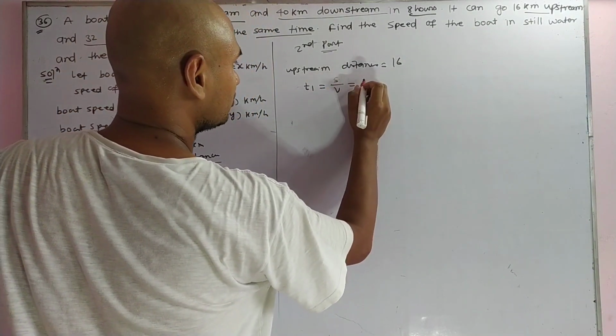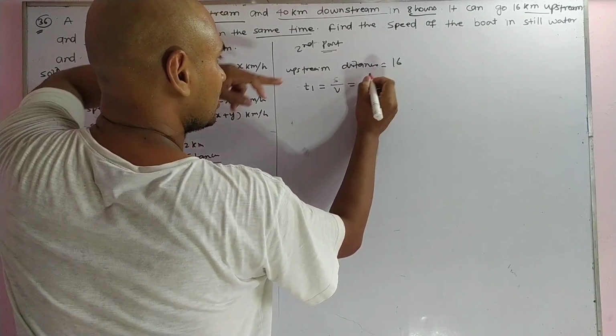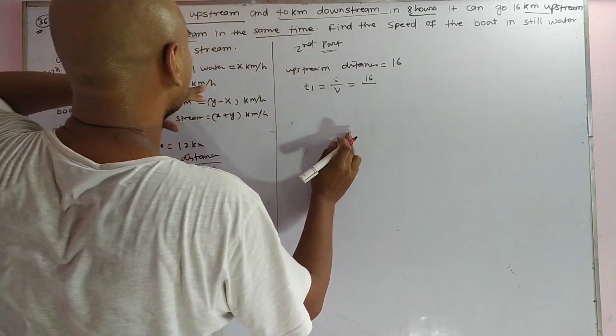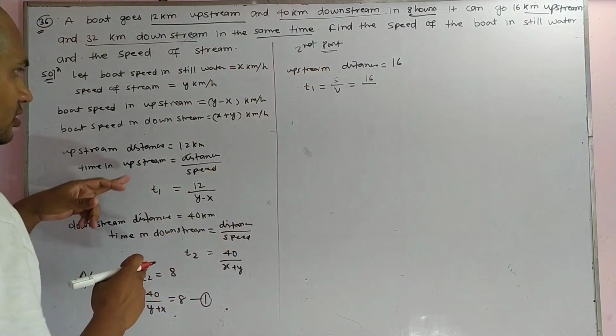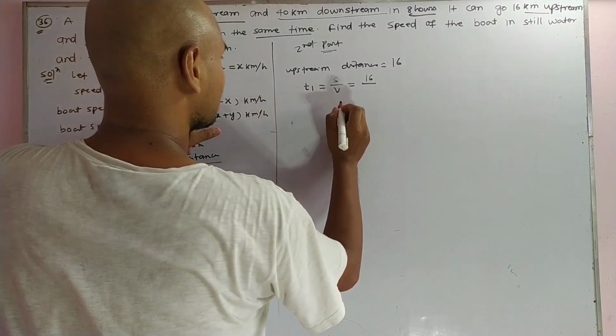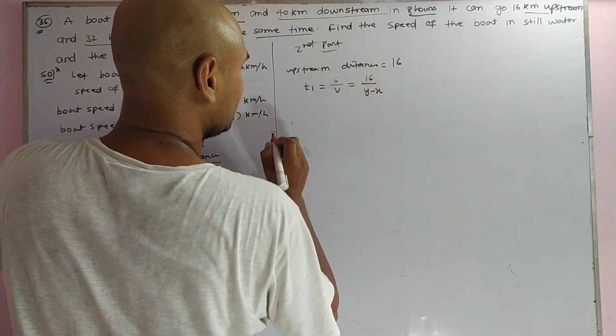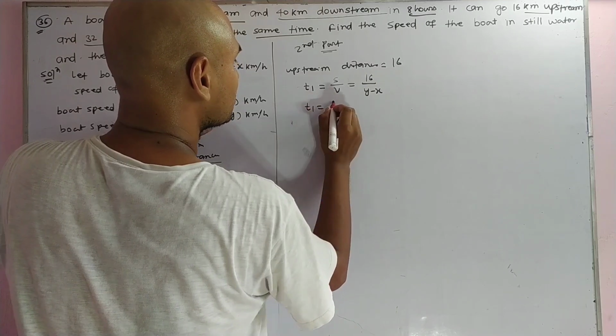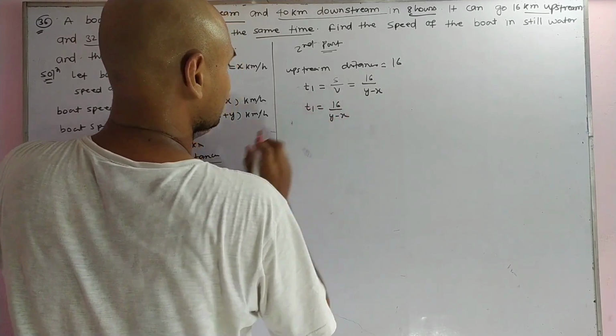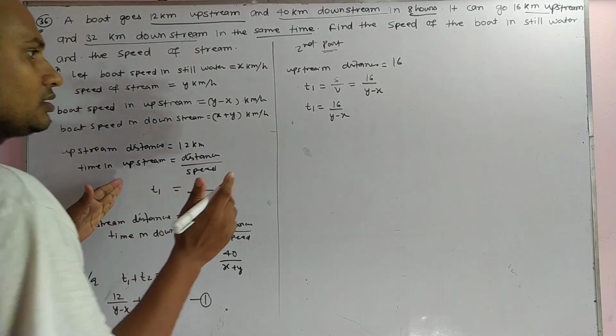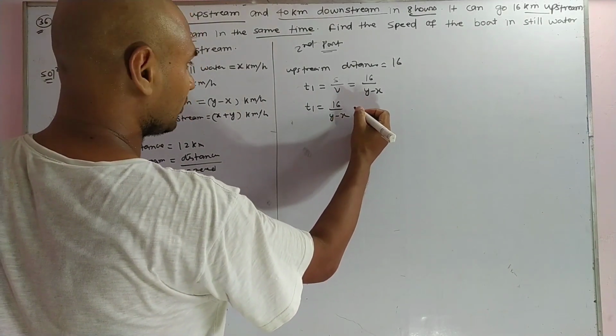The distance is 16, and the speed in upstream is y minus x. So t1 becomes 16 divided by y minus x. I think you are able to follow me up to here.